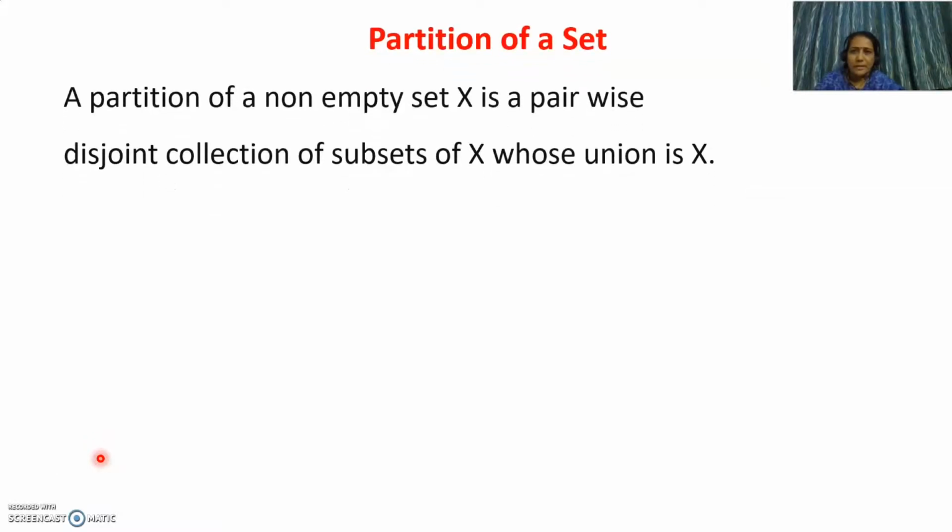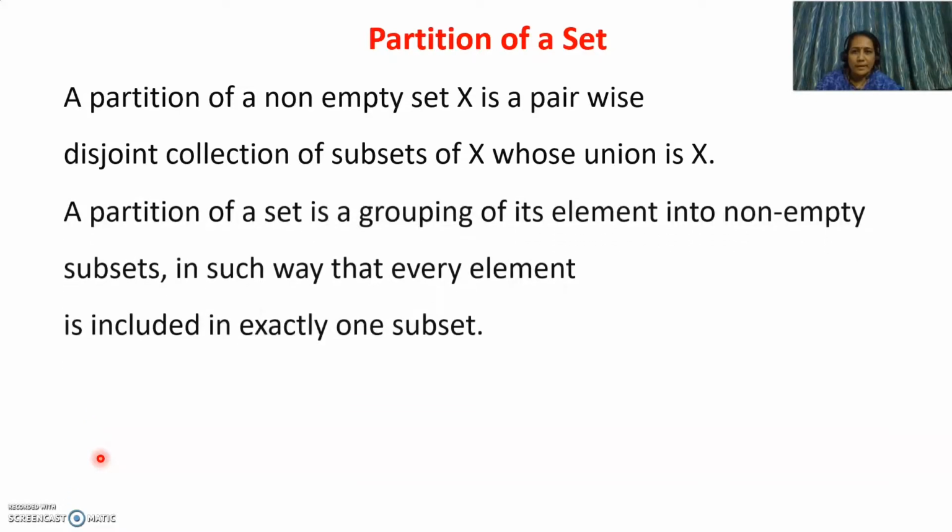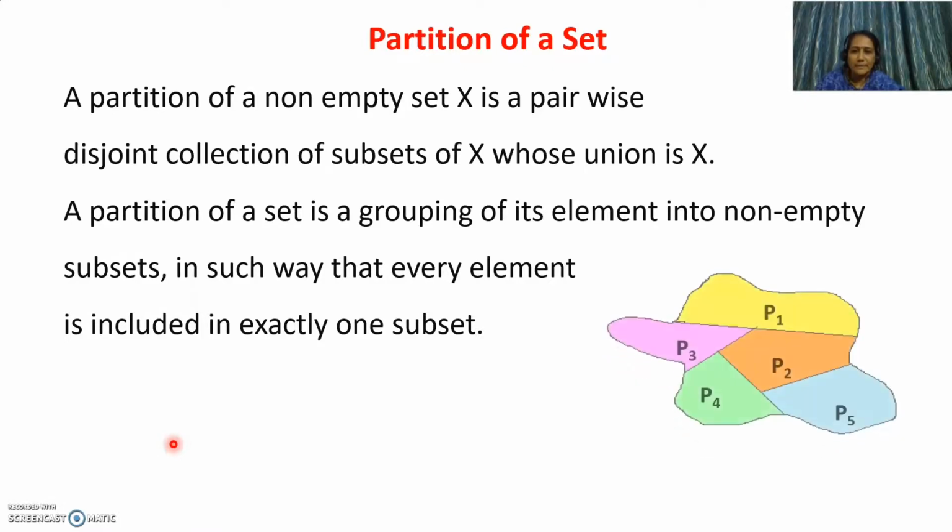Partition of a set. A partition of a non-empty set X is a pairwise disjoint collection of subsets of X whose union is X. That is, a partition of a set is a grouping of its elements into non-empty subsets in such a way that every element is included in exactly one subset.